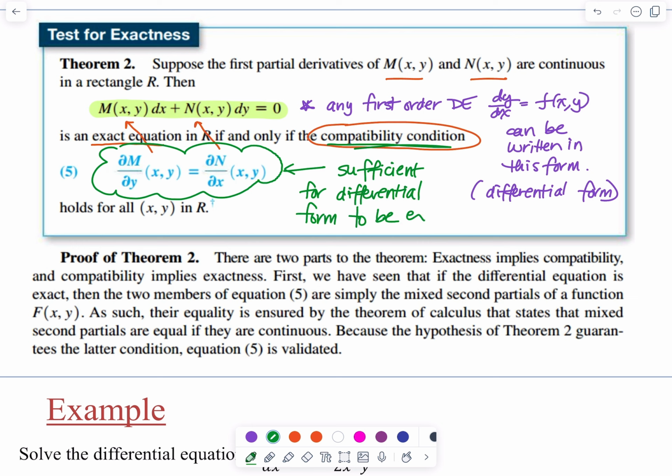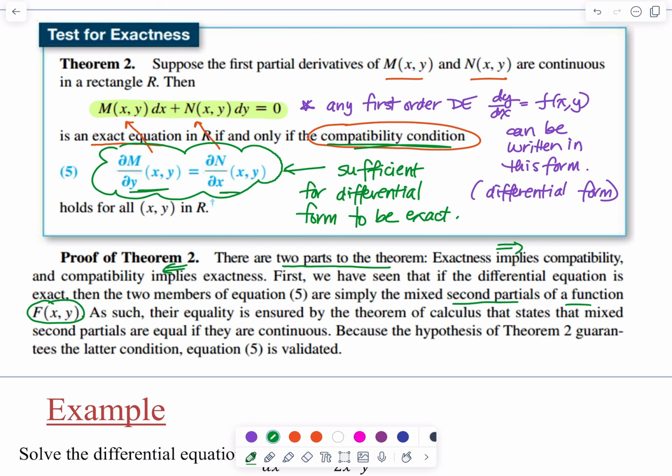A little more detail about this is there are two parts to the theorem. Exactness implies compatibility, and compatibility implies exactness. So we've seen that if the differential equation is exact, then both of these partial derivatives are simply the mixed second partials of a function f.